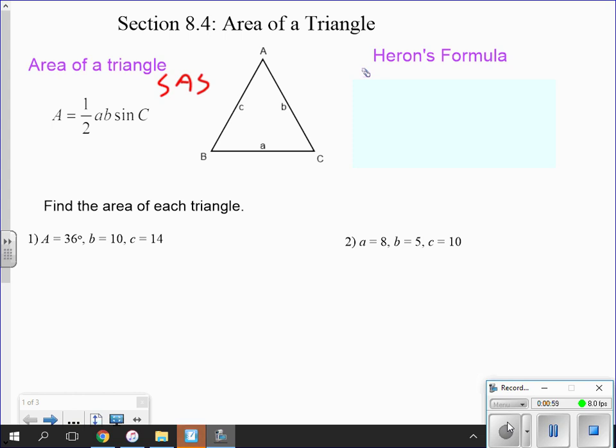Okay. Then we have Heron's formula, which is a bit more complicated. Heron's formula is if you have the three sides of a triangle and nothing else.